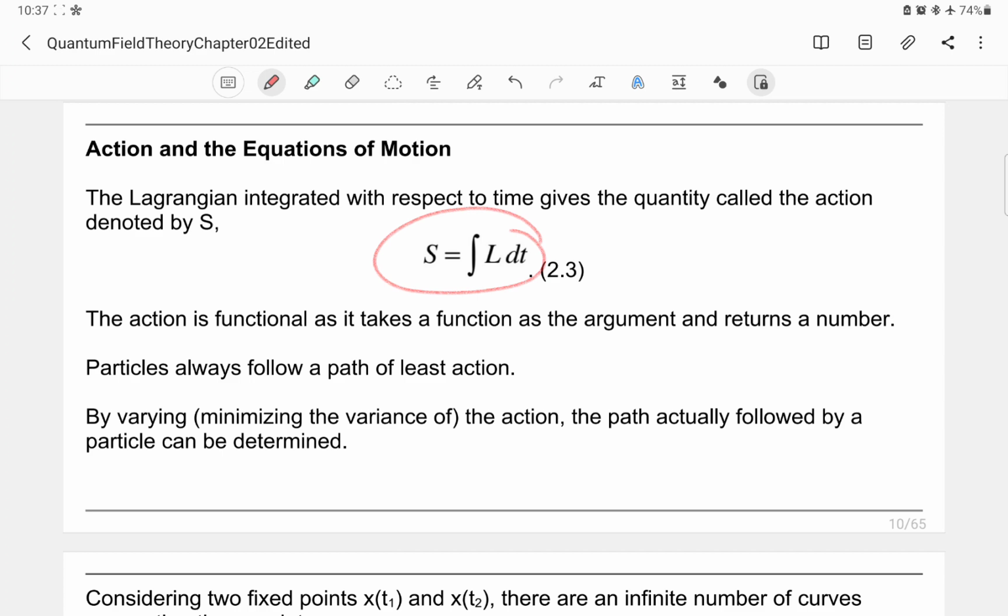So the action is a functional, as it takes a function as an argument and returns a number.